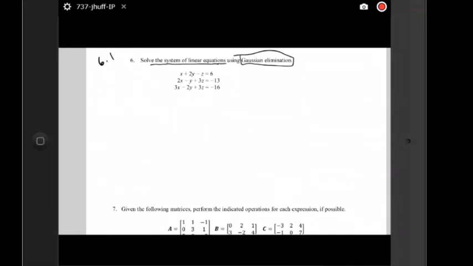If you use another method, even though you may have the right answers, or if you don't show any work and just have solutions, I can't give you credit. The credit here is given by knowing how to use Gaussian elimination. So make sure that you're showing your work, that you're using Gaussian elimination. What that means is you set up the augmented matrix.